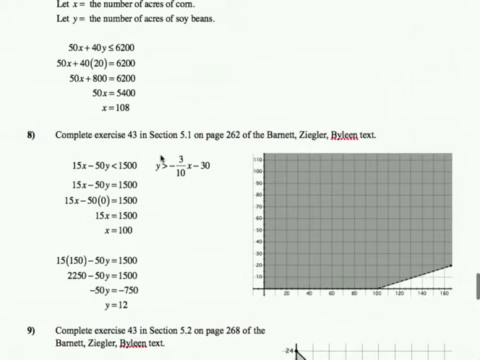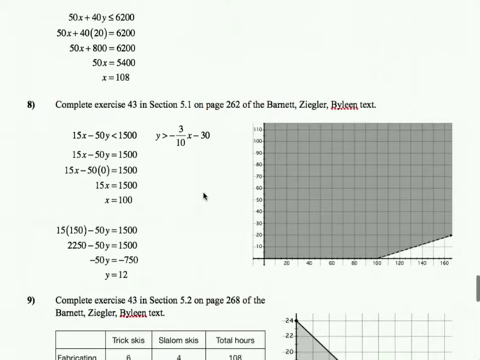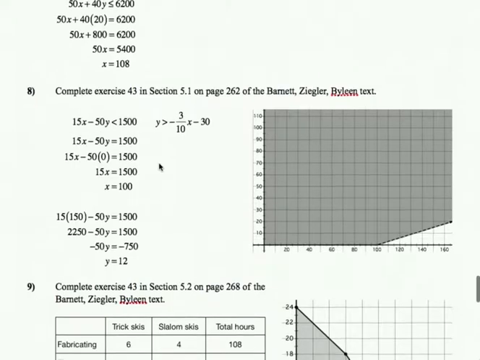Now, in question 8, we're given an inequality in exercise 43 of section 5.1 on page 262, and we're supposed to graph the feasible region or the solution region for this system of inequalities.